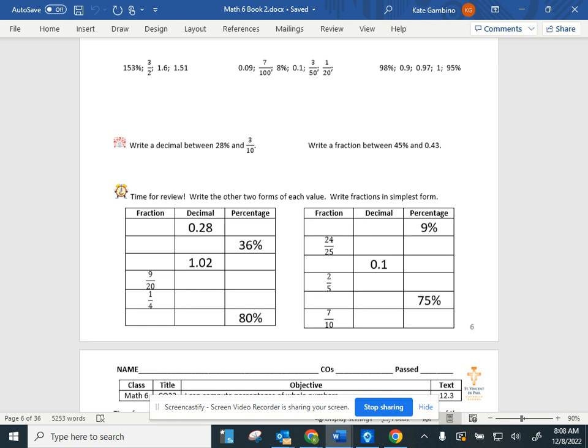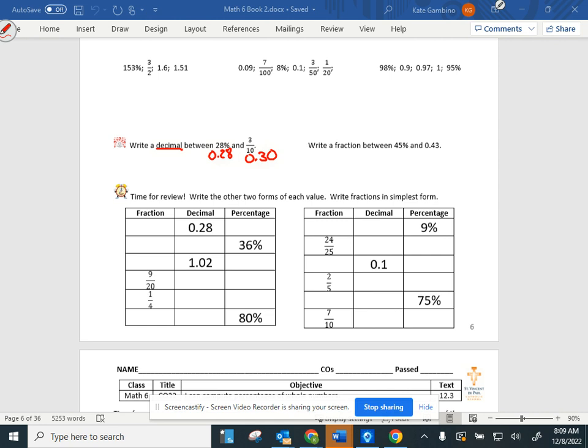So you're right about the converting. What would be the even easier thing to convert them to? Taya? Decimal. So if we convert both of these to decimals, we know 28% is 0.28, and 3/10 is 0.30. You can find a decimal that falls in between. Right? So we know 3/10 is the same as 30/100.